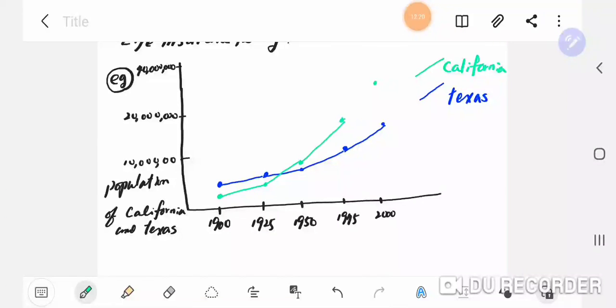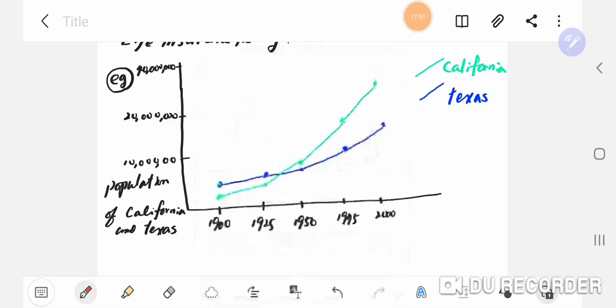Now California is also increasing, but as you see this, the population in California is increasing rapidly compared to the increase of Texas. First of all, in 1900, there was more population in Texas because Texas is higher, and the population in California is lower than in Texas. But between 1925 and 1950, the population in California is getting more than the population in Texas, right?